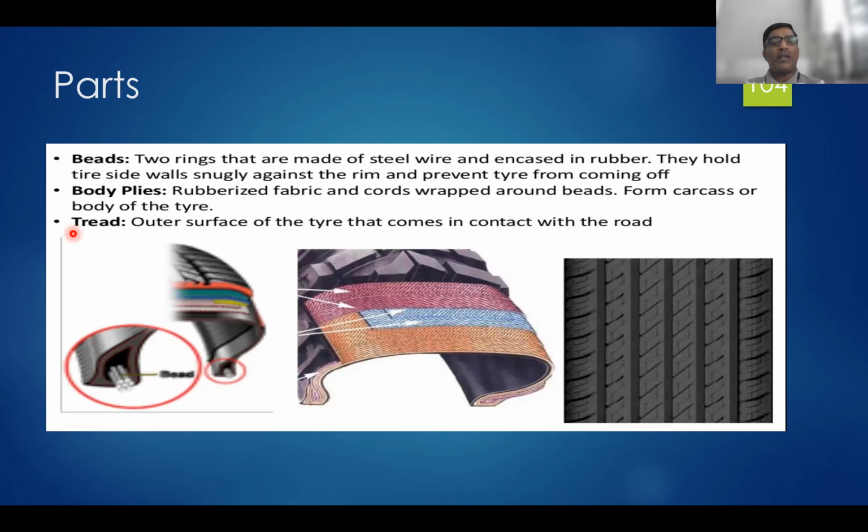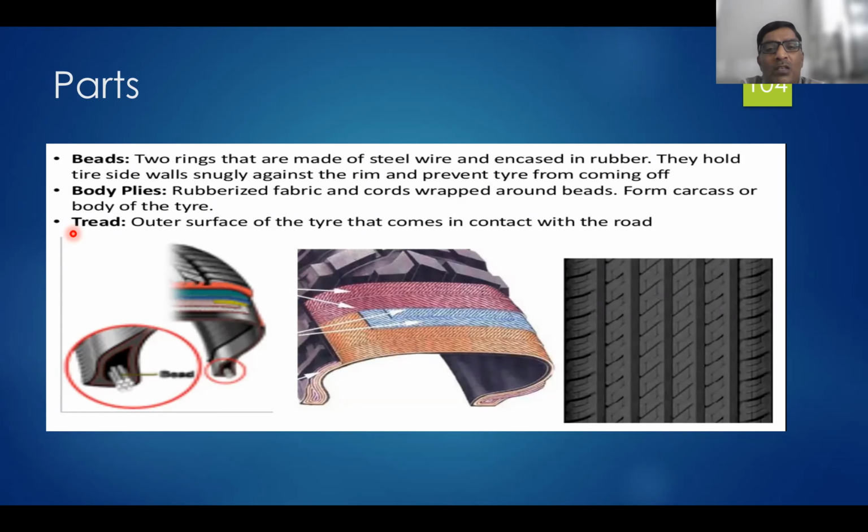Again, you might have heard of a 5-ply tire, 6-ply tire, 12-ply tire. So what is the meaning of that? Body plies are rubberized fabric or cords wrapped around the beads.